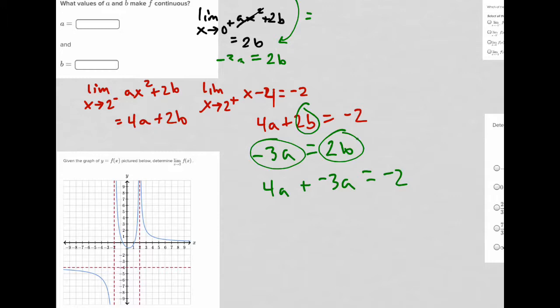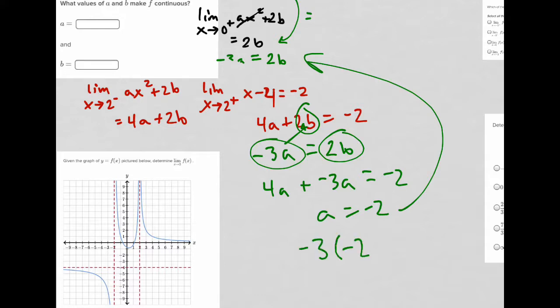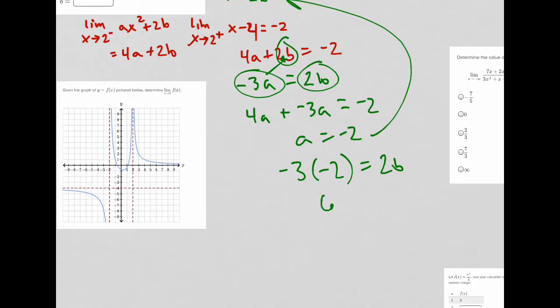I just substituted this into here, because that's what 2b is. And then I just get a equals negative 2, right? And then I'll plug that back into the top one. And what will I get? I'll get, what, negative 3 times negative 2 equals 2b. What is that? That's 6 equals 2.